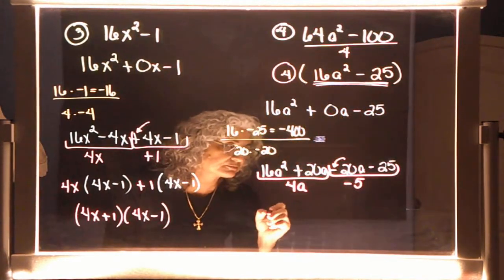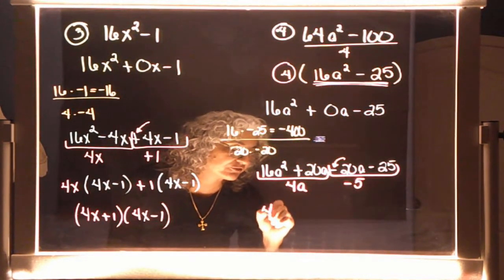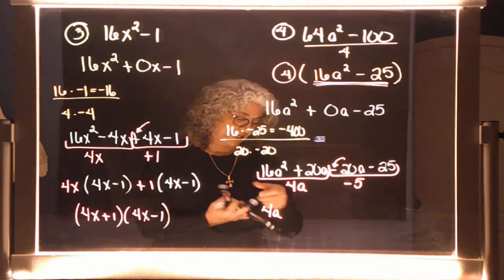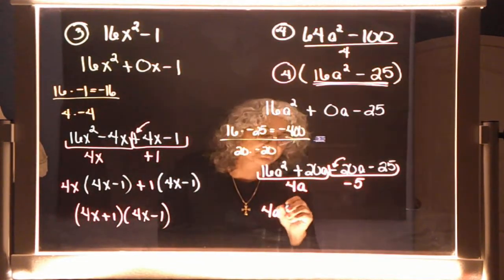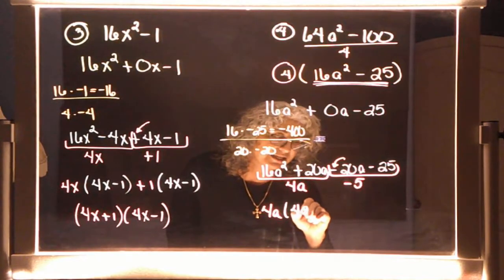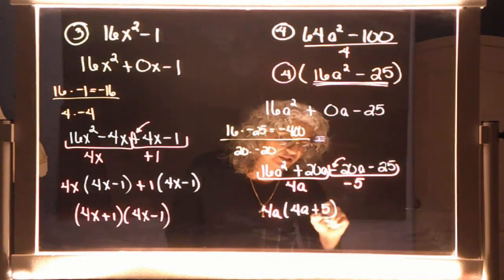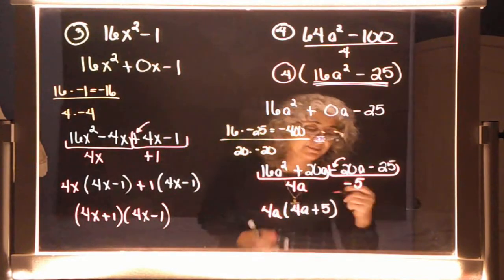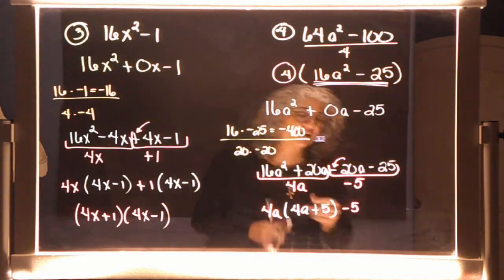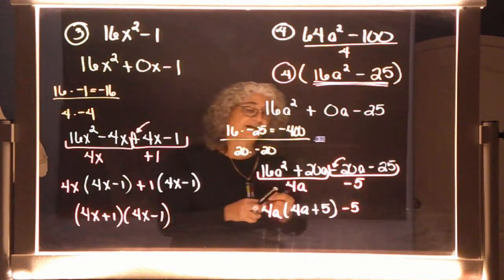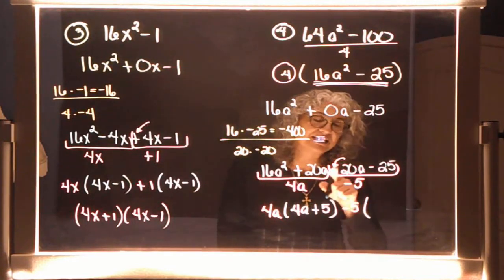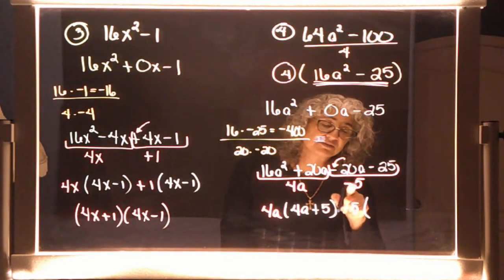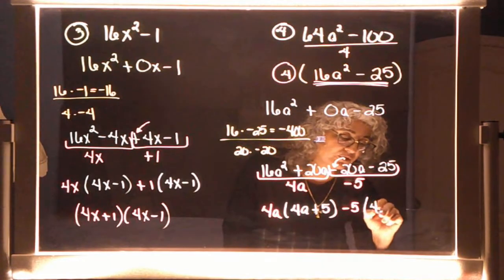So, the first pair, we're taking out a 4a. Tell me what remains. Yeah, a 4a plus 5. Good. Excellent. Out of the second pair, you said to divide out a negative 5. So when you do that, yeah, negative divided by negative is positive. Good. That'll be a 4a.